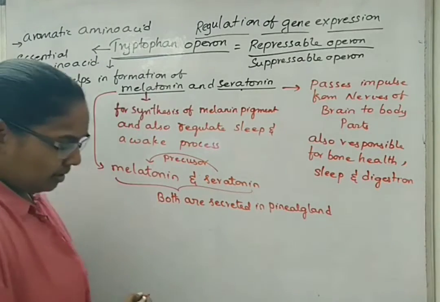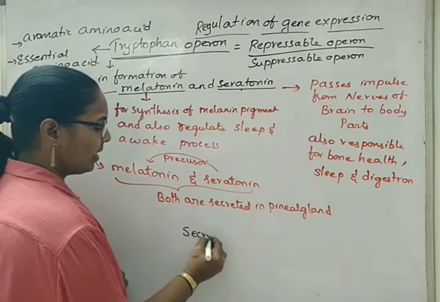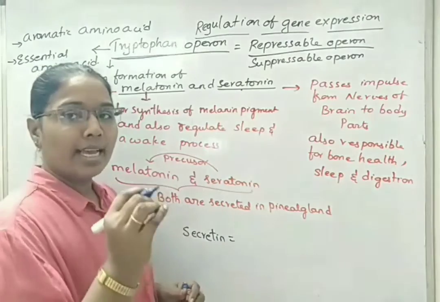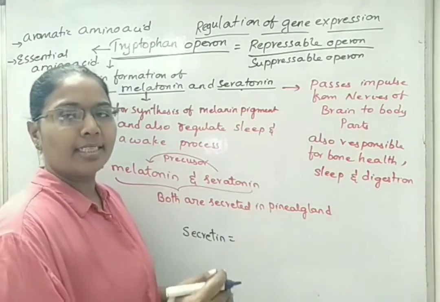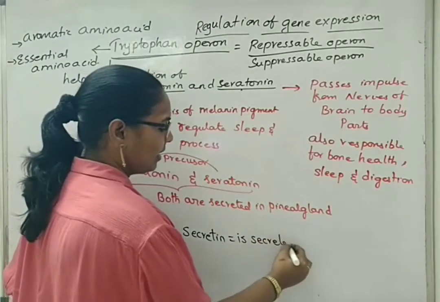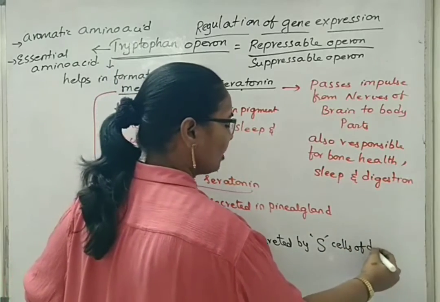Then what is the term secretin? Secretin is different from serotonin. Secretin is synthesized from the S cells in the duodenum, which neutralizes the acid that has come from the stomach. It is secreted by S cells of duodenum.